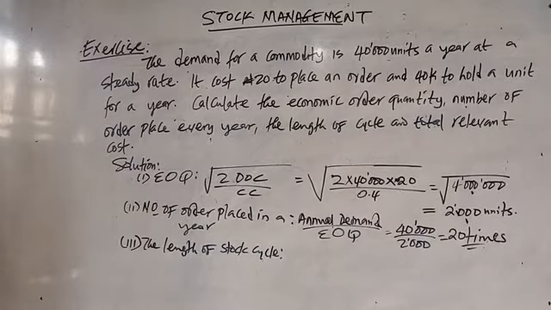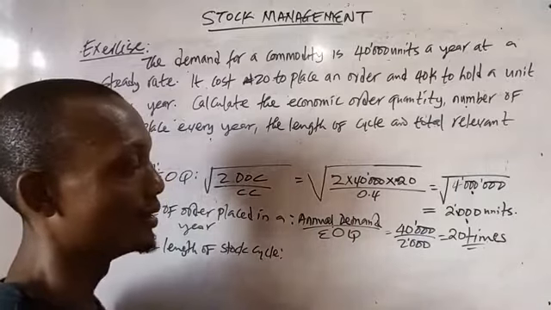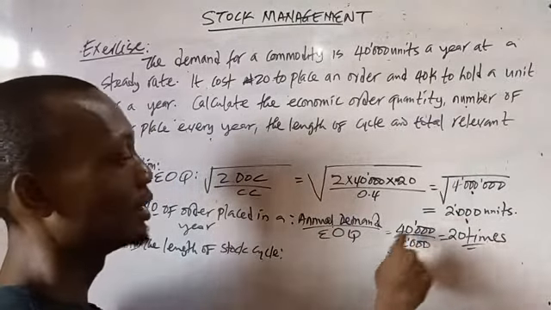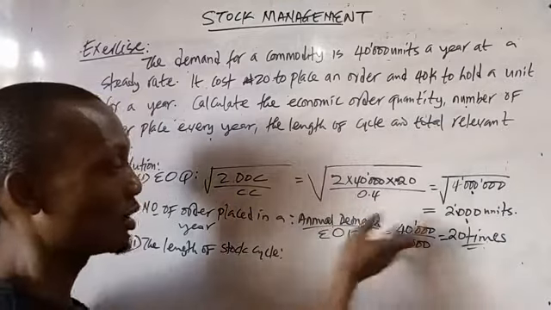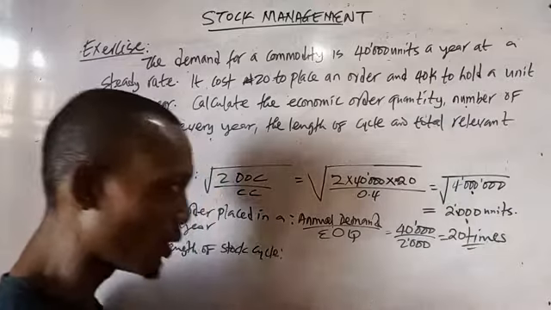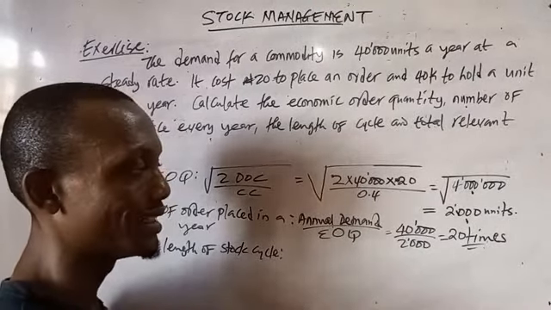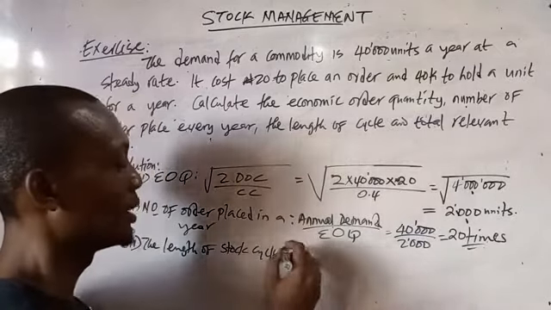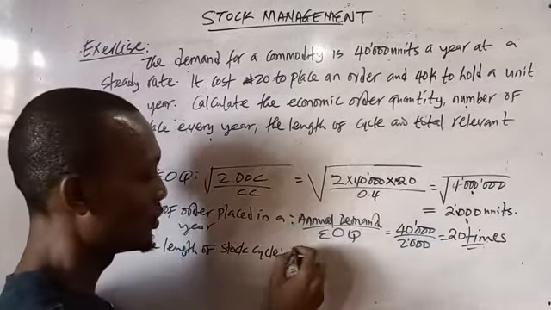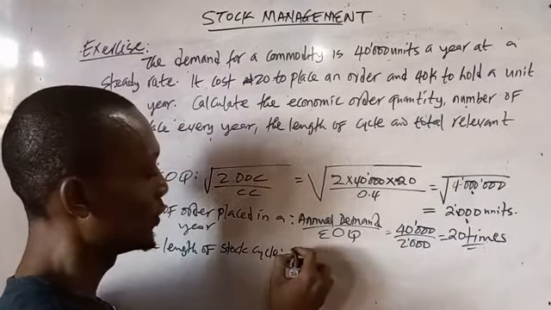We are trying to see the period it takes us to sell this stock, this economic order quantity that we have. What is the time that it will take us to sell the stock? So the formula for this is what? Let's assume we are using 52 weeks. Yes, we have 52 weeks in a year. So we are using 52 weeks.